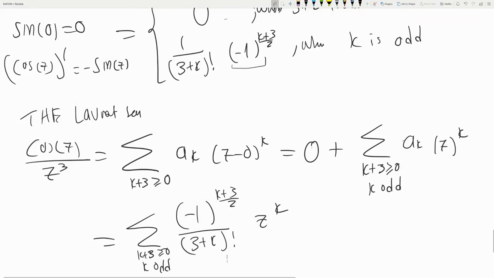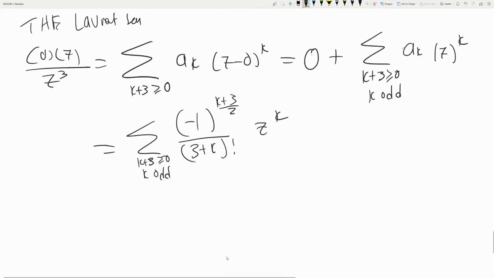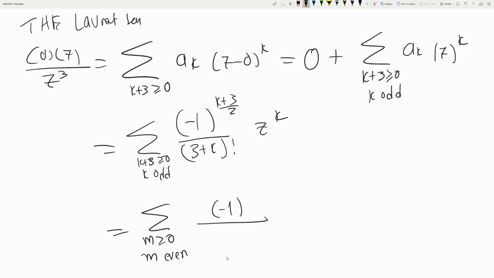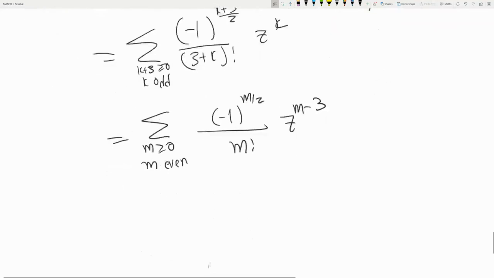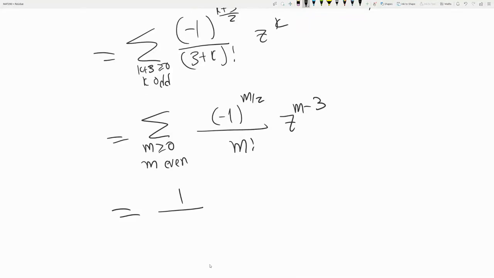Okay, but we can write this a little bit more clean. So what's a cleaner form? You can do a change of variables. So this is minus 1 to the m over 2, m factorial, z to the minus m minus 3. But anyhow, let's write down the first few terms. So if you put m equal to 0, you get z cubed.